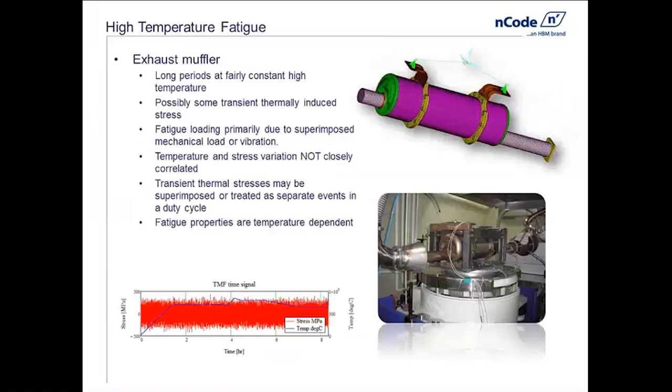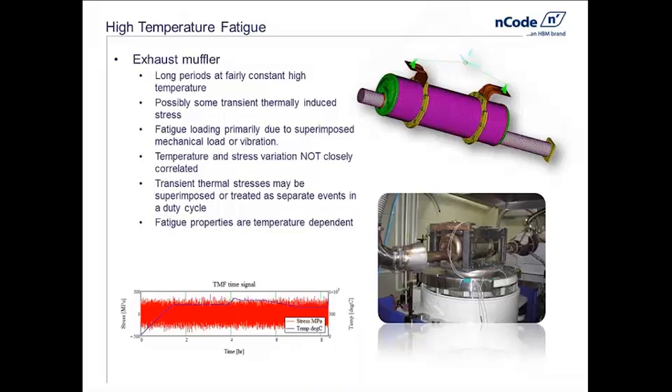The first one we call high temperature fatigue, where the thermal transients are relatively long periods in time, but the actual stresses are typically caused by mechanical vibrations. So we have some long thermal transient, but our stresses are generated from a relatively high frequency compared to the temperature transient loading.